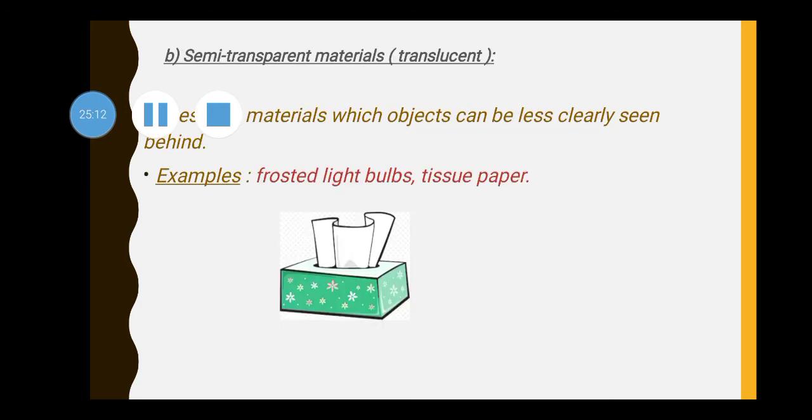Then we have semi-transparent, and the next word for it is translucent, which allows some light to pass through them, partially, and the object behind it cannot be seen clearly. So the object can be seen less clearly, like a frosted light bulb, the milky glass in the video, and also tissue paper.